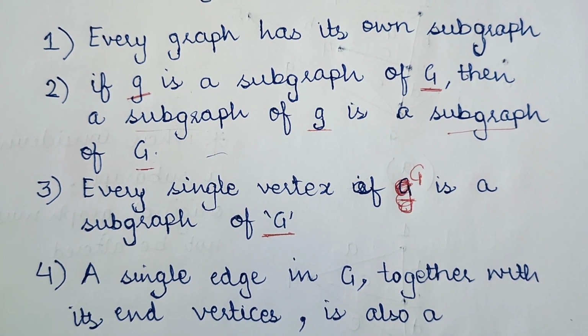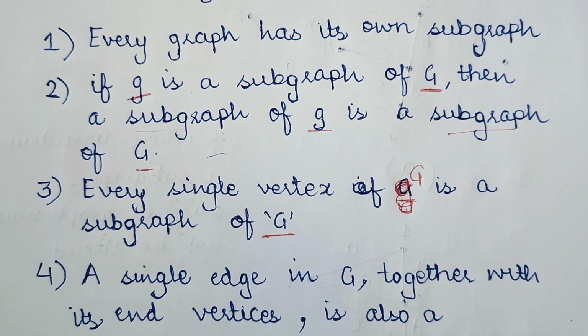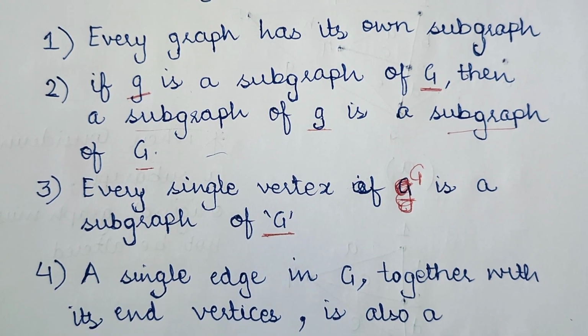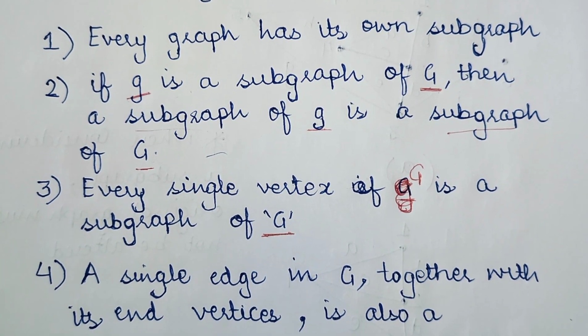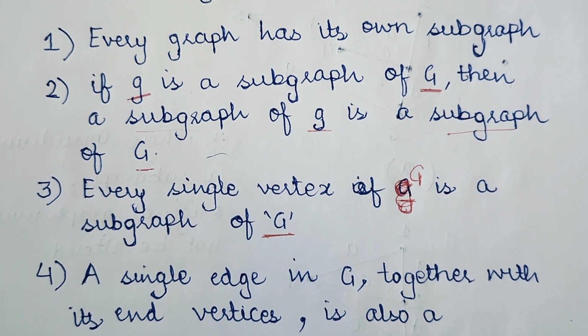A graph with even a single vertex is called a graph. That means one vertex alone is enough to make a graph. So in that case, we can clearly say that every single vertex of a graph is a subgraph of that graph, because a vertex alone can make a graph. So it is quite obvious that every single vertex of a graph denoted by G is a subgraph of that graph G.